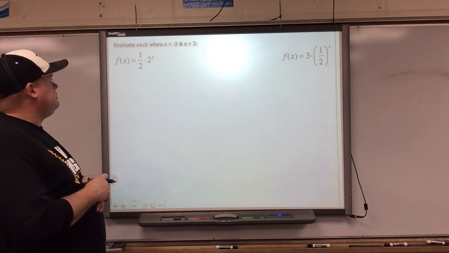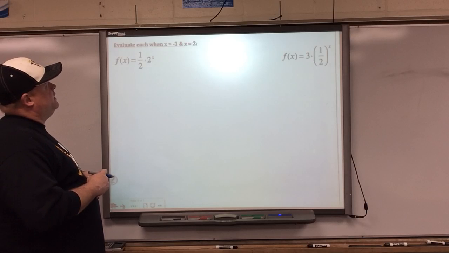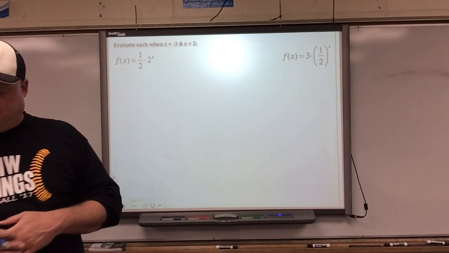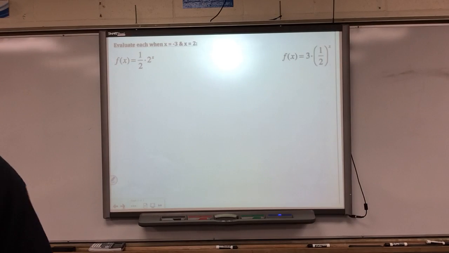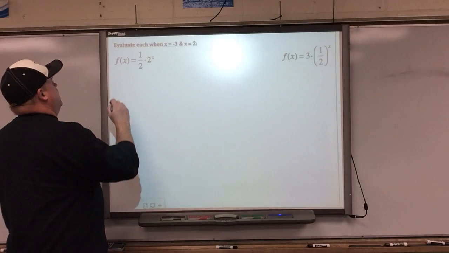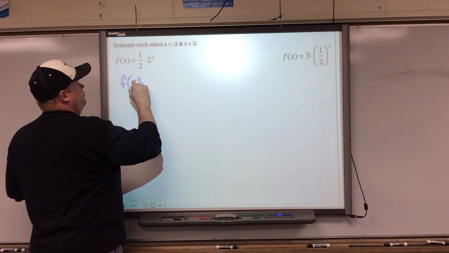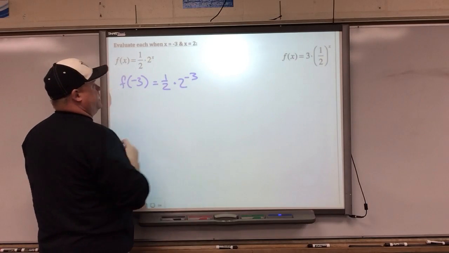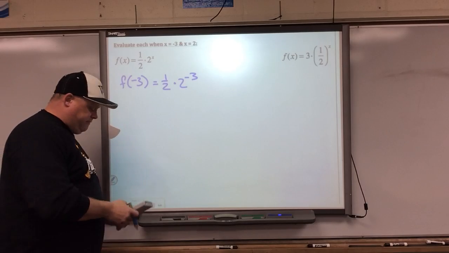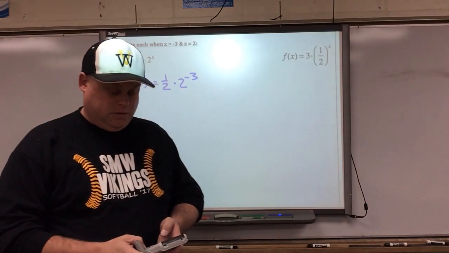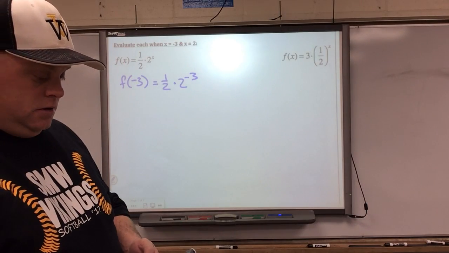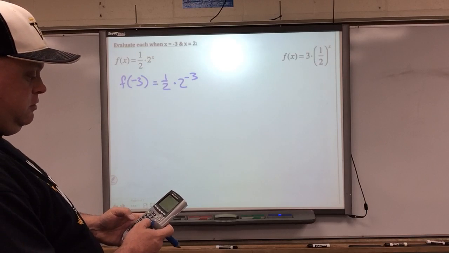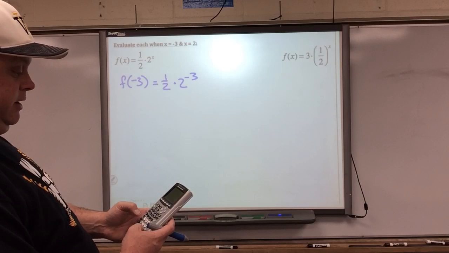Now, evaluate each for when x is equal to -3 and x is equal to 2. So let's do that. f of -3. I'm plugging -3 in for x. In a calculator, I can figure that out real easy. 0.5 times 2 raised to the -3.